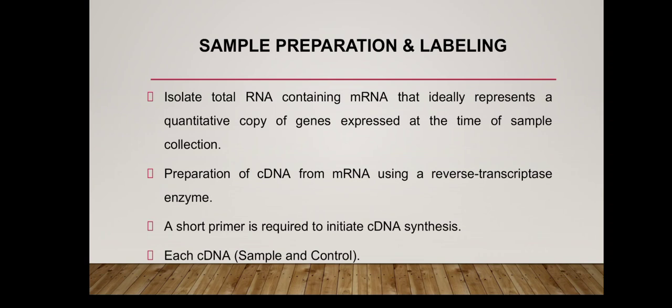This isolated RNA can then be used for various downstream applications such as gene expression analysis using techniques like microarrays and RNA sequencing, understanding biological processes and identifying potential biomarkers or therapeutic targets. This is the picture showing how we do this process by isolating RNA.